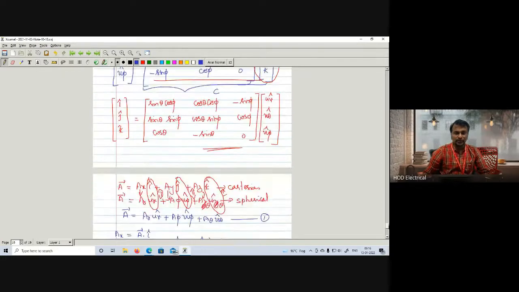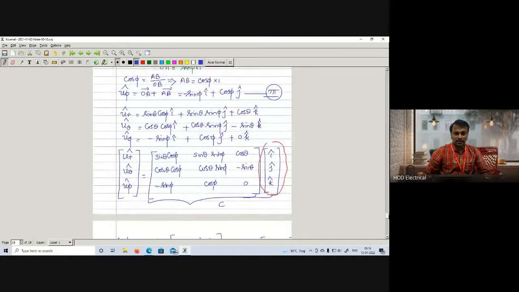Already we have derived u r: sin theta cos phi, sin theta sin phi, cos theta.